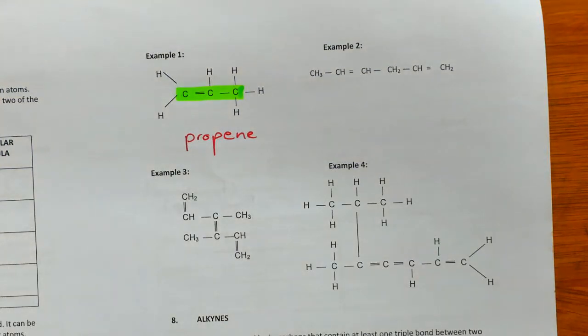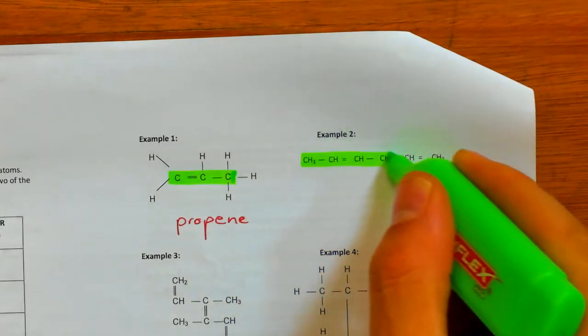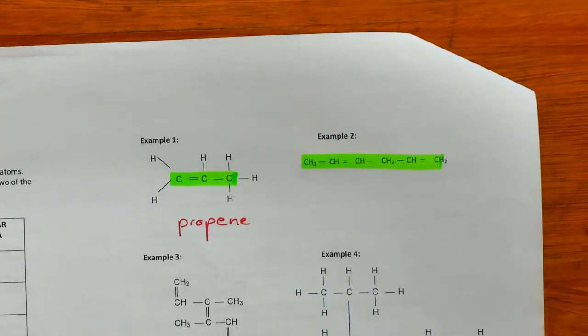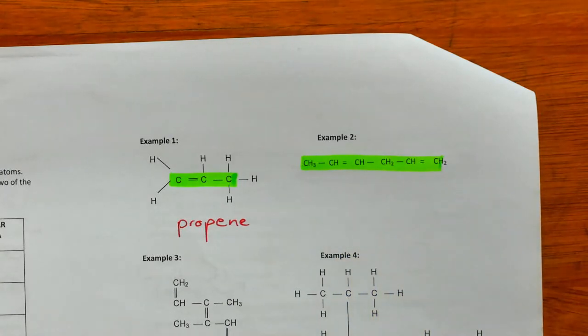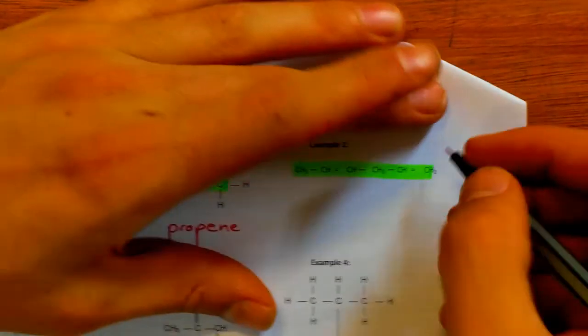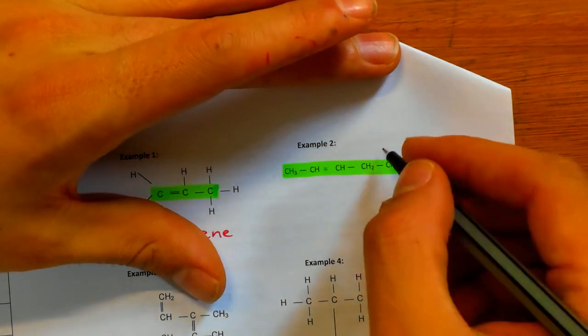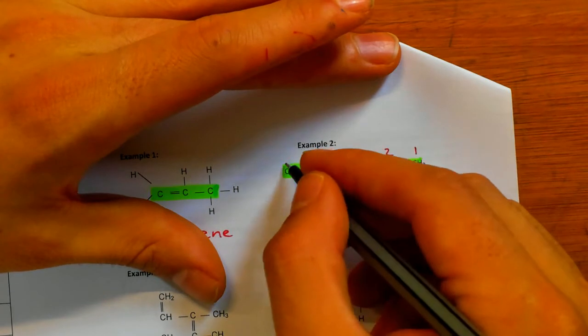Now the next one, also not difficult in obtaining the longest chain. It is just a straight chain with 1, 2, 3, 4, 5, 6 carbons. Now, where will we start numbering, gentlemen? From the left or from the right? From the right. Why do we do it from the right? The double bond is closest. So this is carbon number 1, 2, 3, 4, 5, and 6.